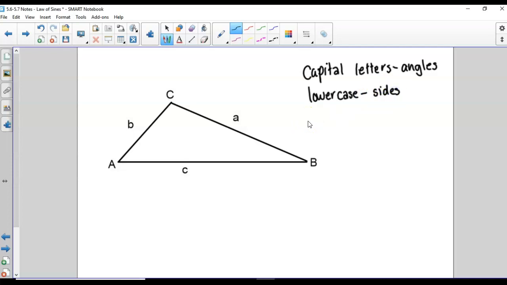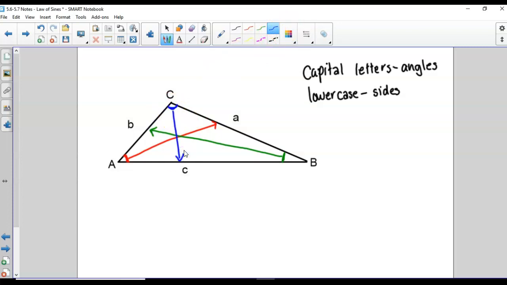And the same letters should be across from each other. So like angle A right here is across from side A. And angle B right here is across from side B. And angle C right here is across from side C.